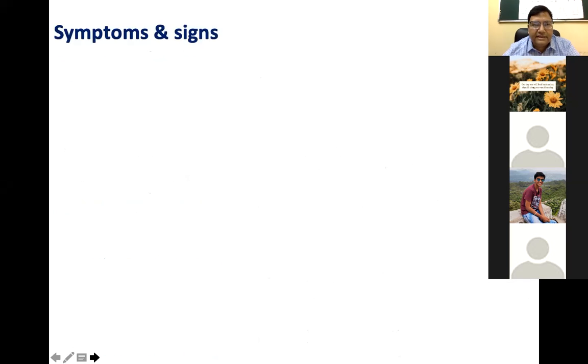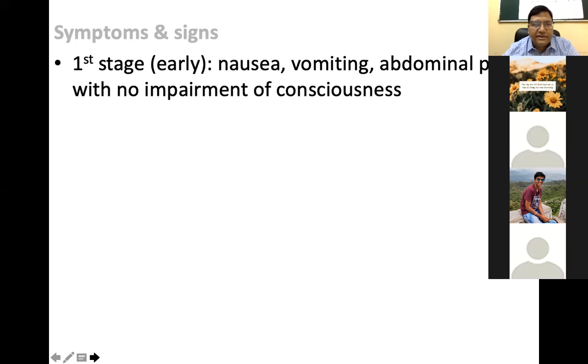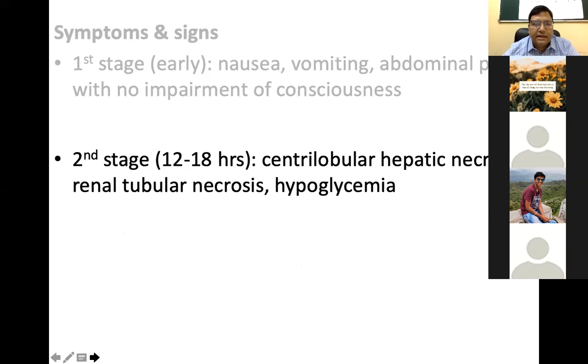What will be the signs and the symptoms? In the early stage, that is known as the first stage, the patient presents with nausea, vomiting, abdominal pain, with no impairment of consciousness.